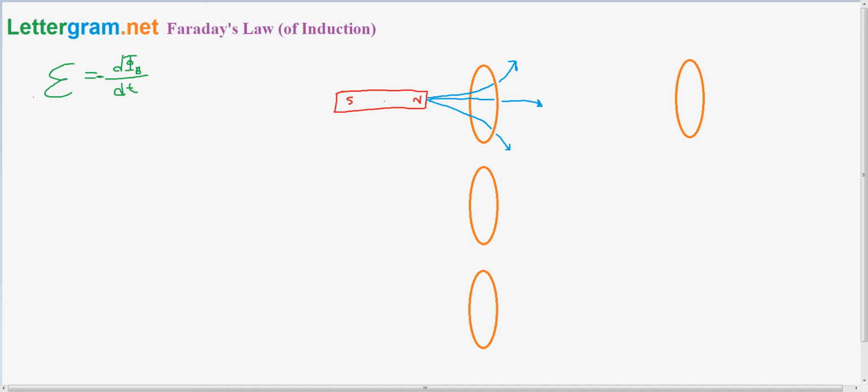Now if we're just leaving it there, there's going to be no change in magnetic flux, so there'll be zero EMF created. If we decide to move this in, we will have a positive change in flux because more field lines that are currently missing it get moved in, so then they'll be inside.